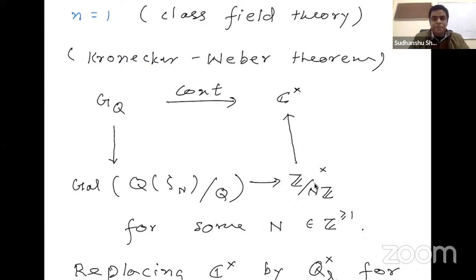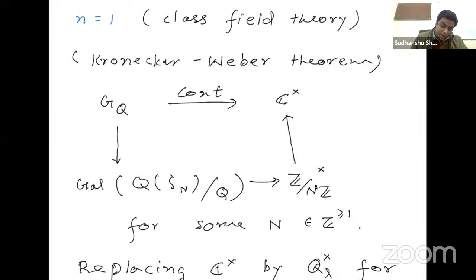Let us look at, for example, Q of zeta N over Q. In this extension, inertia subgroups are non-trivial only at primes dividing capital N. I mean, inertia subgroups are trivial away from primes dividing capital N. So if I have a P not dividing N, then it's unramified there. Of course, when we look at, for example, modular forms, they will be semi-simple.